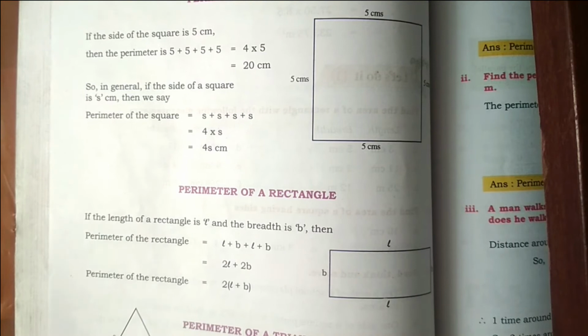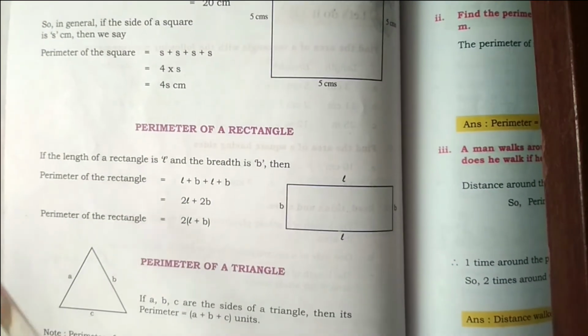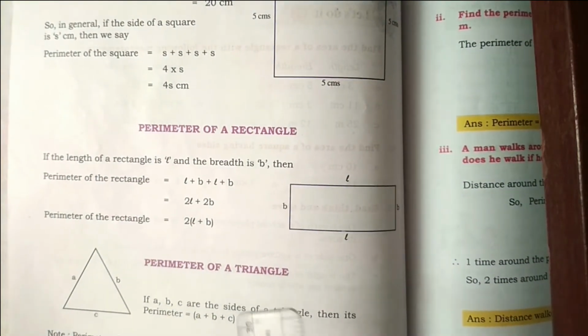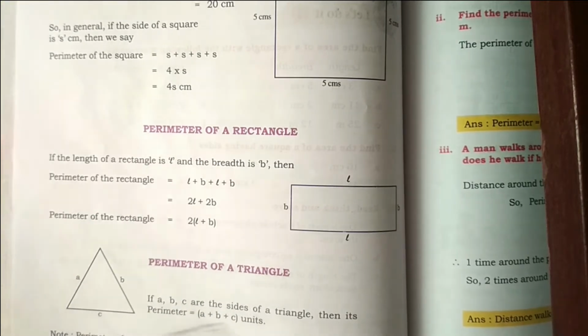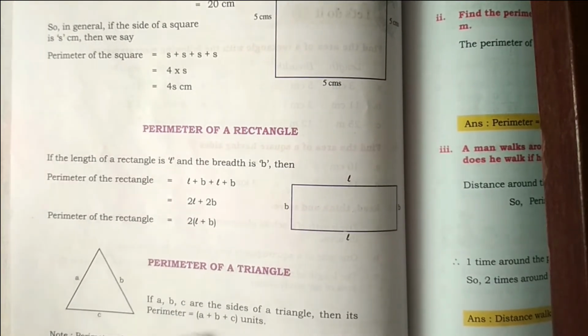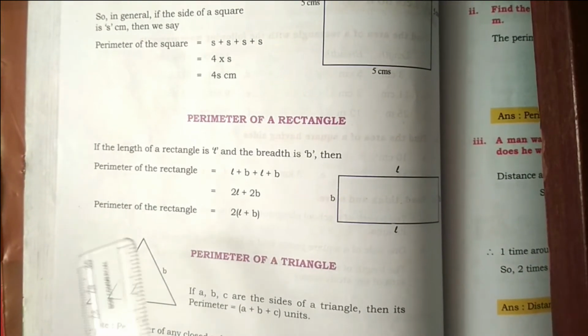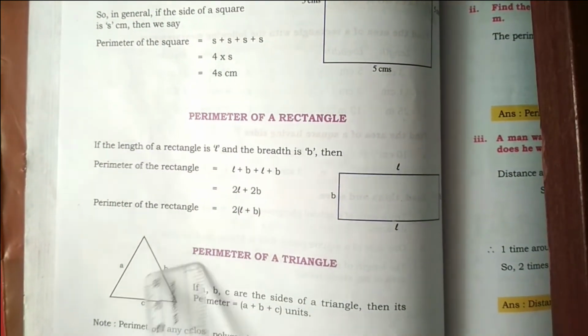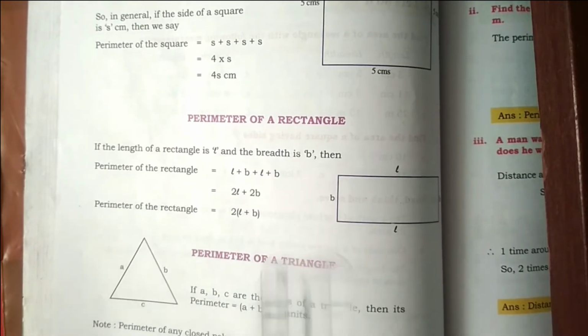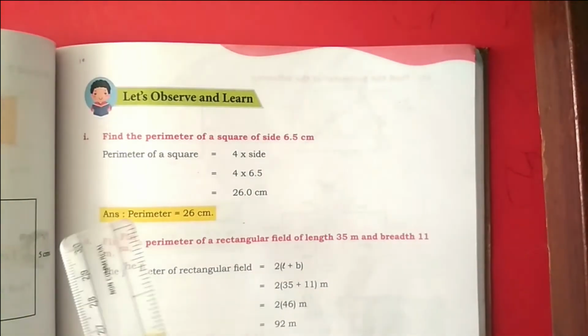So perimeter of a triangle. See here perimeter of any closed polygon is the sum of all its sides. That is the outer boundary. So here perimeter is equal to A plus B plus C and the units.